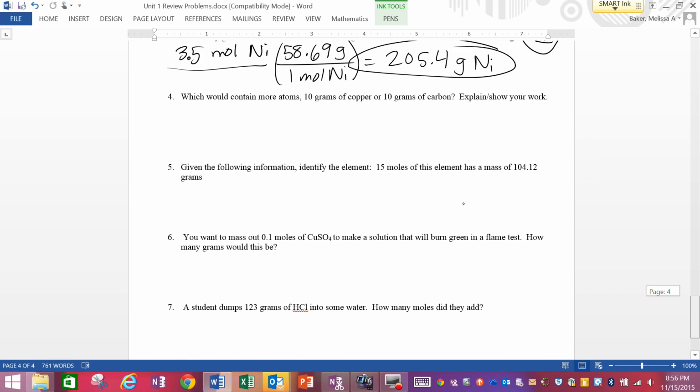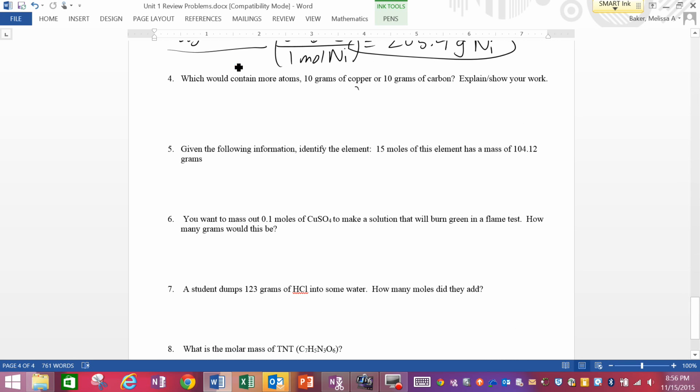Number 4, which would contain more atoms, 10 grams of copper or 10 grams of carbon? Well, let's think about how big the atoms are. 1 mole's worth of copper atoms weighs 63.55 grams. 1 mole of carbon atoms weighs 12.01 grams. So carbon atoms are smaller.